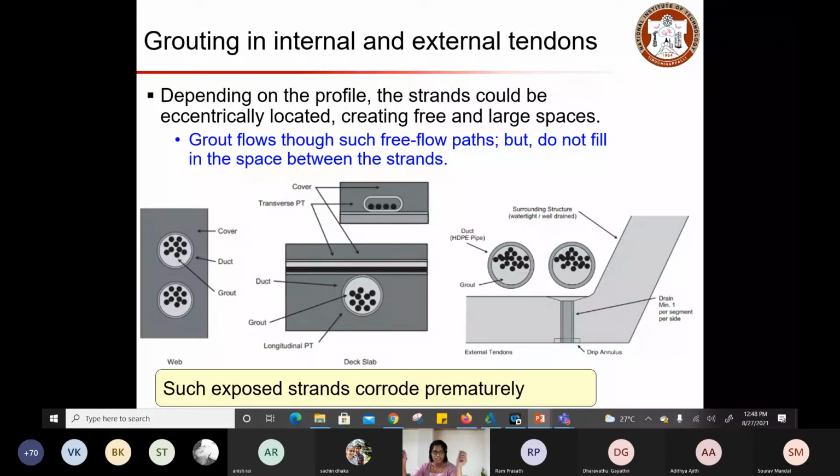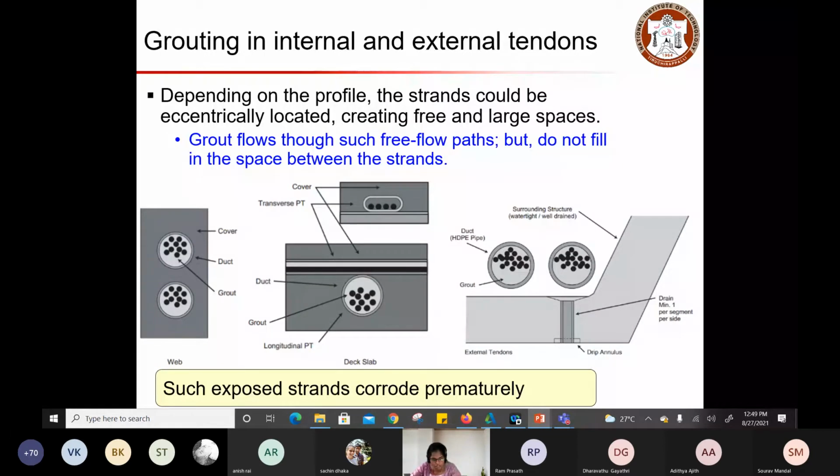When we stress it, depending on the profile, it will not be at the center. It will be either staying at the top of your duct, or at the bottom of your duct, thus creating an eccentricity in your profile. So depending on the profile, the strand could be eccentrically located.